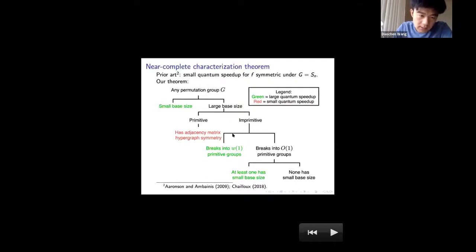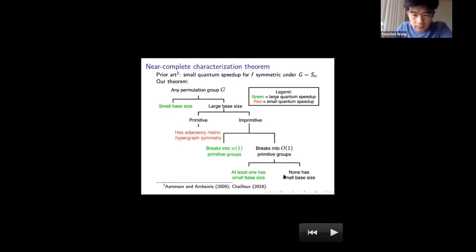If it is imprimitive, on the other hand, and breaks into an unbounded number of primitive groups, it's also green. But if it breaks into a constant number of primitive groups, at least one of which has small base size, then it's green. But if none has small base size, then actually we don't know, but we suspect it should be red.